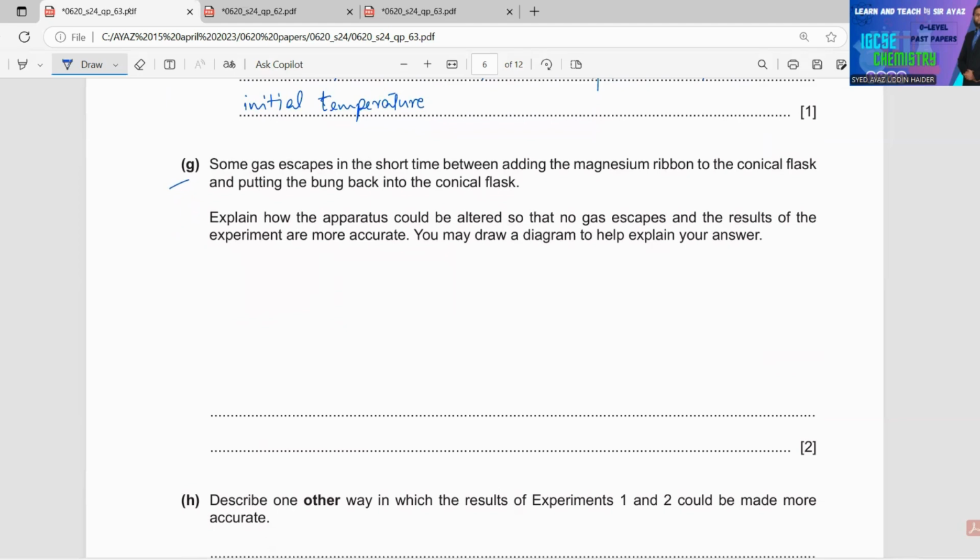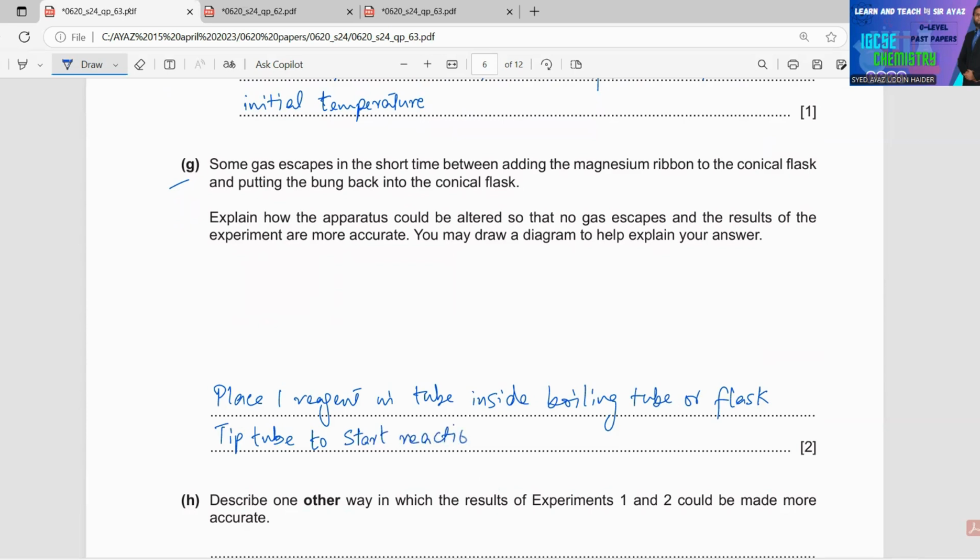What we can do is place one reagent in a tube inside the boiling tube or the flask. Tip the tube to start the reaction.